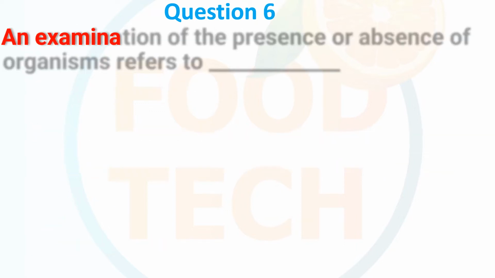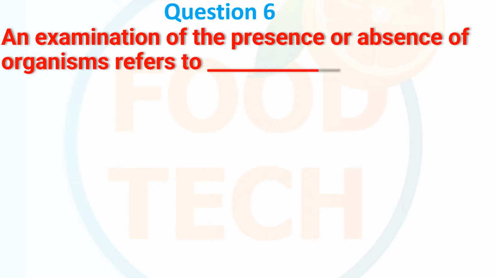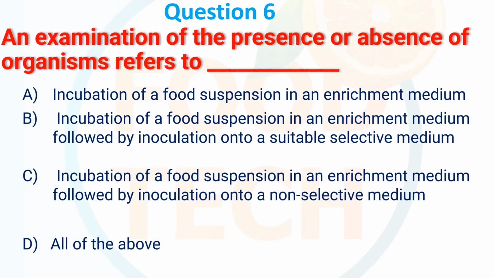All of the above. The examination of the presence or absence of an organism refers to dash. A. Incubation of food suspension in an enrichment medium, B. Incubation of food suspension in an enrichment medium followed by incubation in a suitable selective medium, C. Incubation of food suspension in enrichment medium followed by incubation in non-selective medium, D. All of the above.